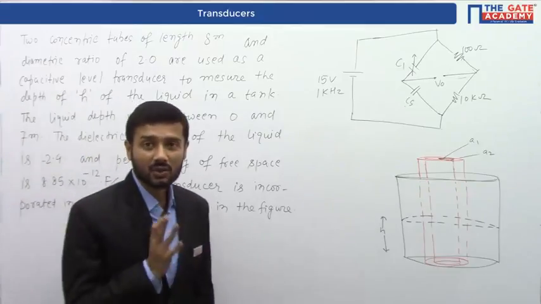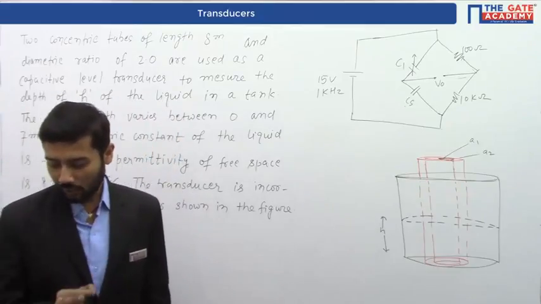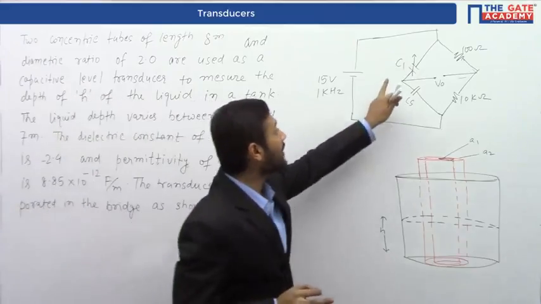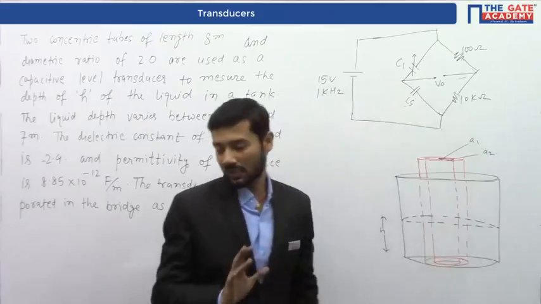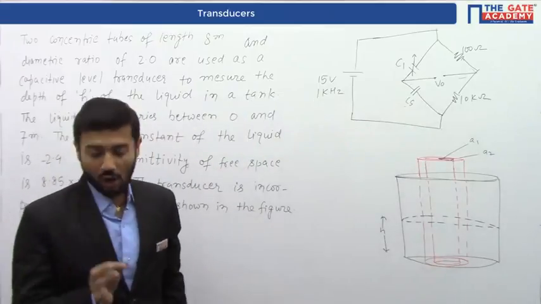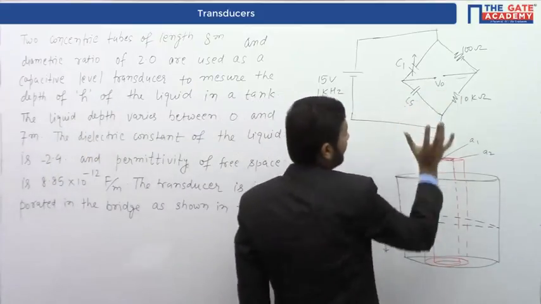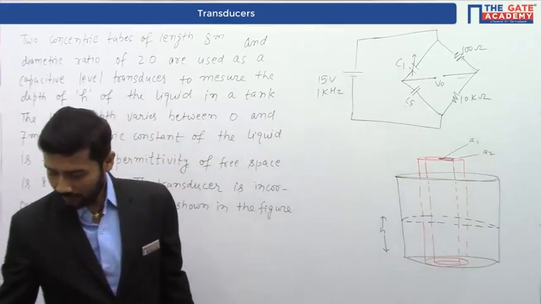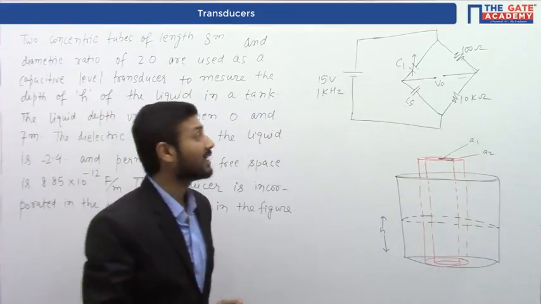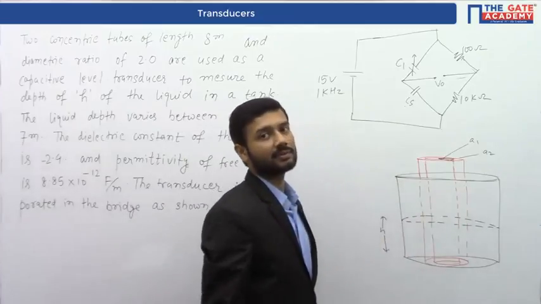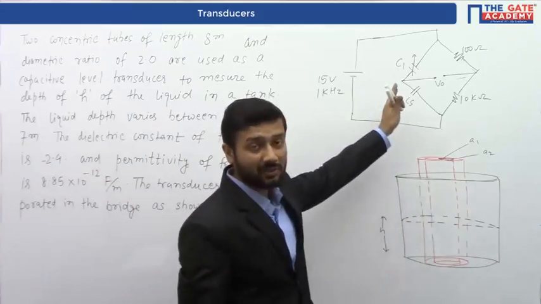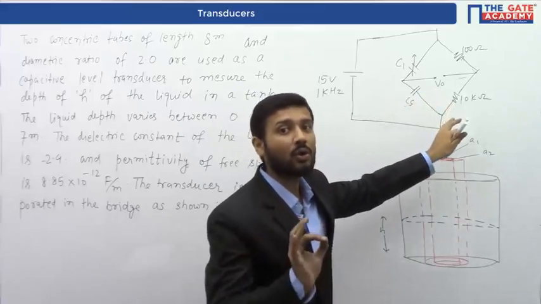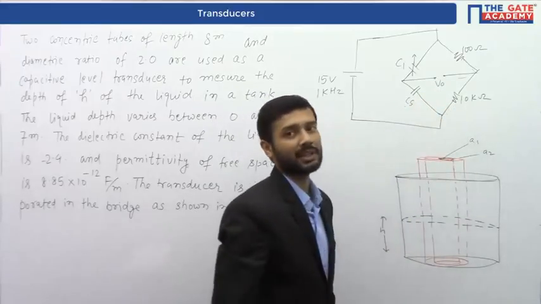Our first question is to calculate the value of adjustable capacitance C1 so that the open circuit bridge voltage V0 is 0 when the tank is empty.